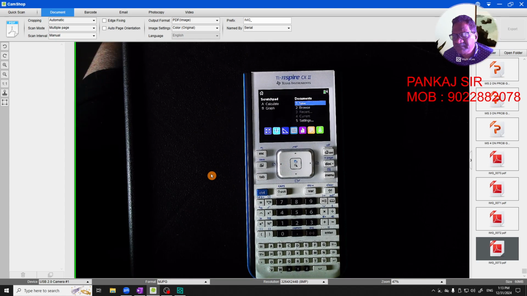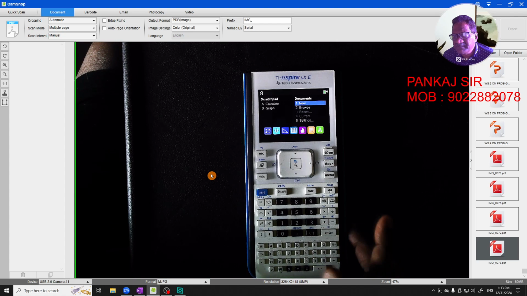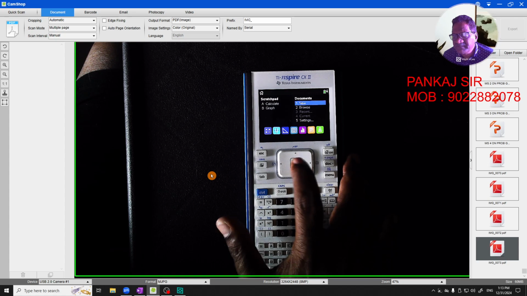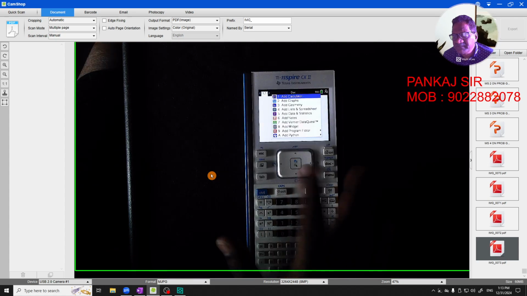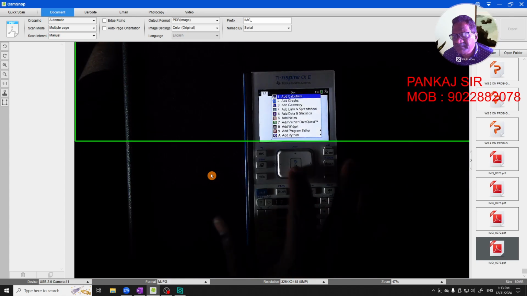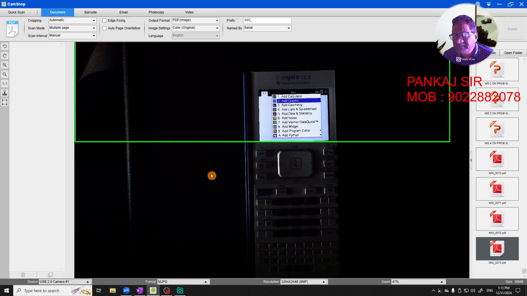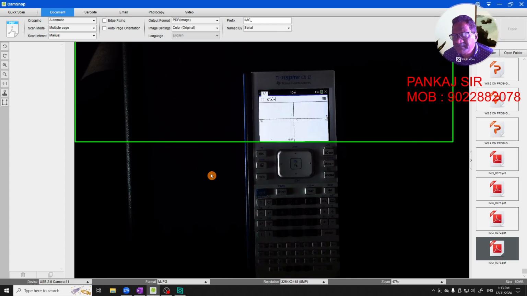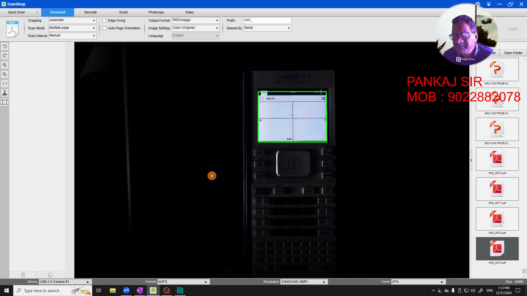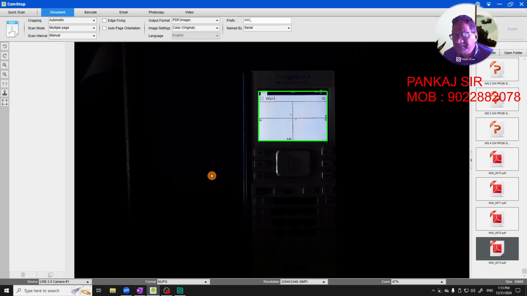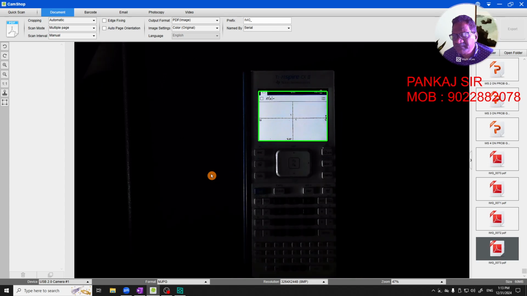Right now in the GDC I'm going to go to the graph section. So first new, and then add graphs. You can see I'm on the graphs page, and I'm going to plot both y equal to x square and y equal to x plus 2 the whole square on the same axis.